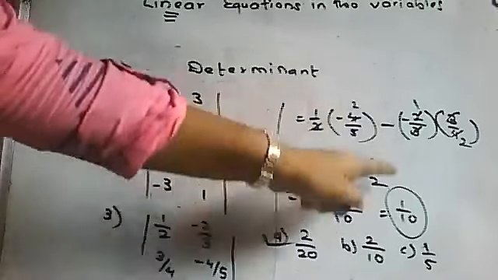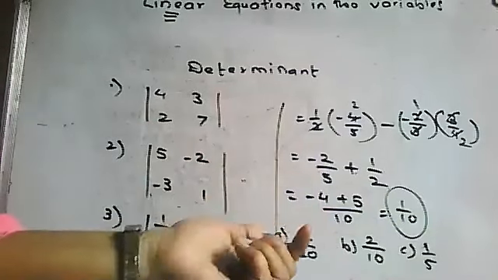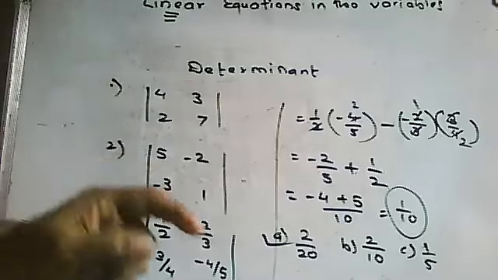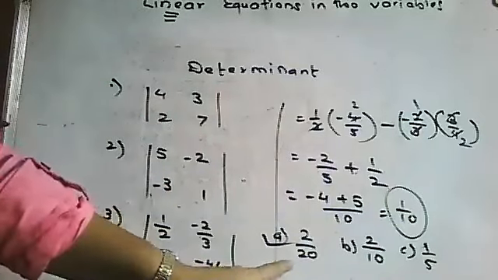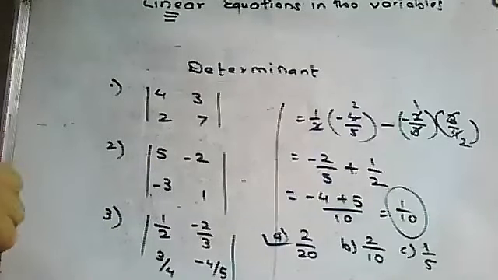Here I have got 1/10, but in their option 1/10 may not be there. So you just have to check if any equivalent fraction of 1/10 is there. So 1/10 and 2/20. I'll give you one more fraction case because some students could not do so.